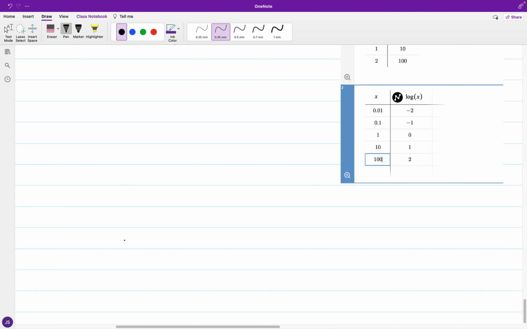Okay, and now 10 is a special kind of exponential base, and there is yet another. And this is another one of our calculator inputs. And let's say that you're just creating a little bit of a table.